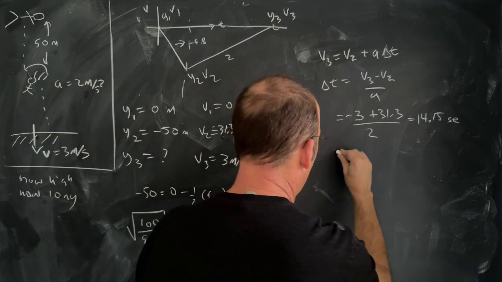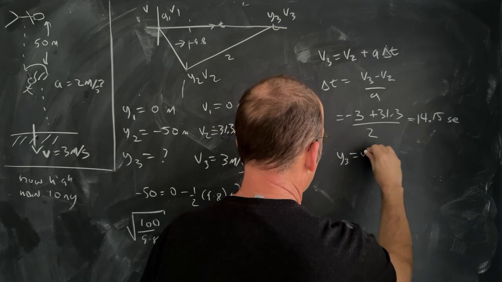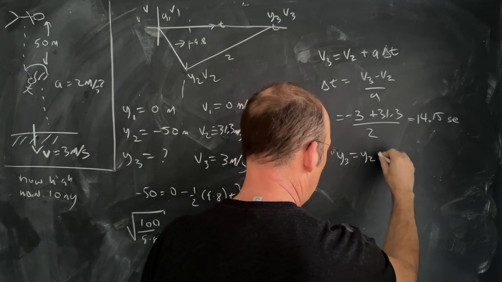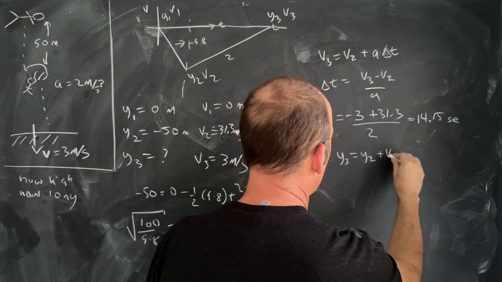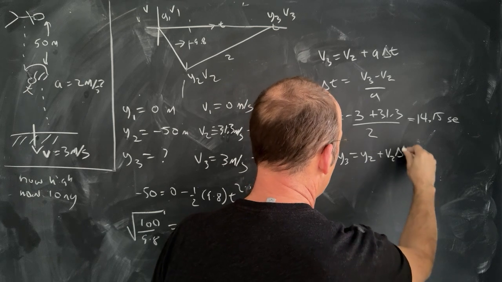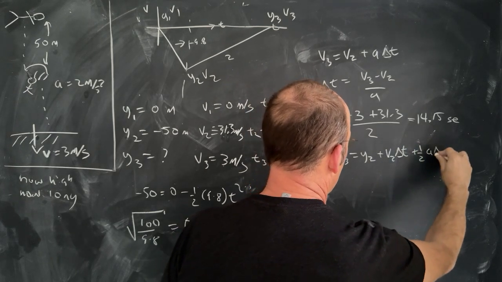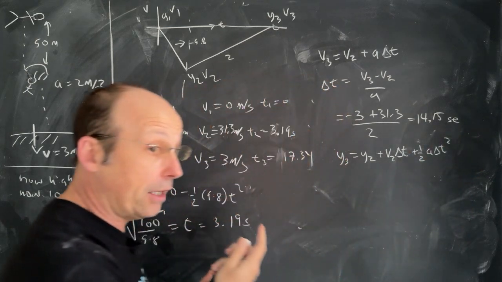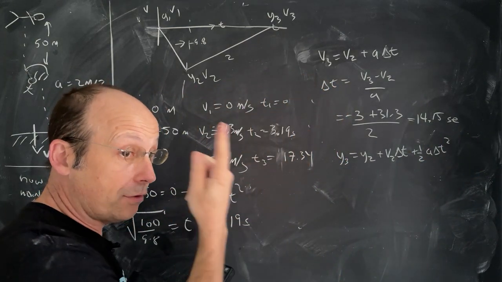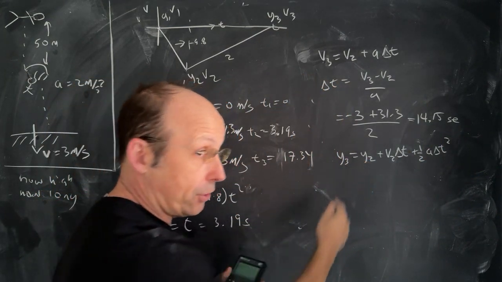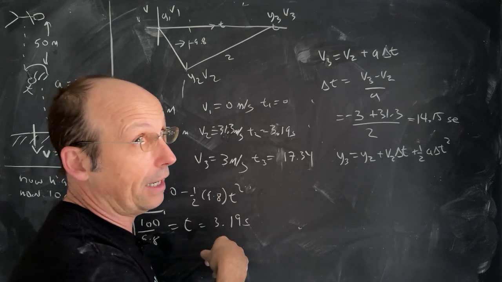So I can use this equation. y3 is y2 plus v2 delta t plus 1/2 a delta t squared. Since I'm not using from time equals 0, I have to use delta t, so I can use y2, right? And that works with that derivation I showed you.